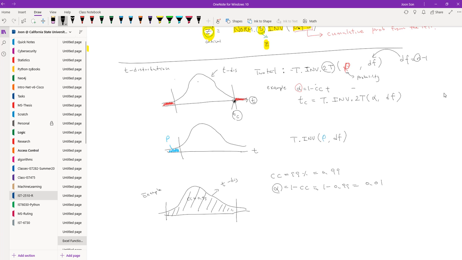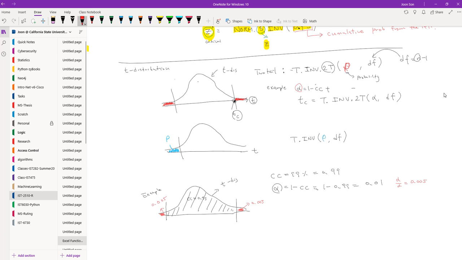And the red area here is 0.005, because it's alpha divided by 2, which is 0.005.